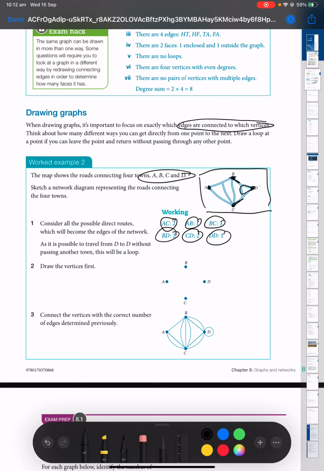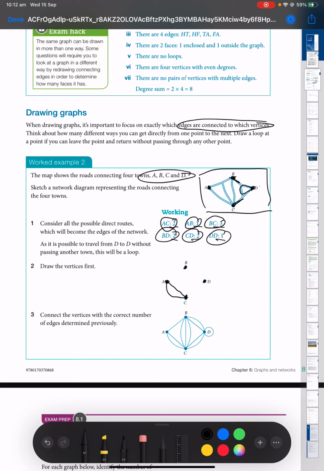So now that we've got how many connections are between each vertex, we need to be able to draw the network that's associated with it. So what I would do is start off by drawing my vertices. Okay, so I've drawn A, B, C, D, and then connect the vertices with the correct number of edges. A to C was 2, so I would draw 1 line and then 1 more line.